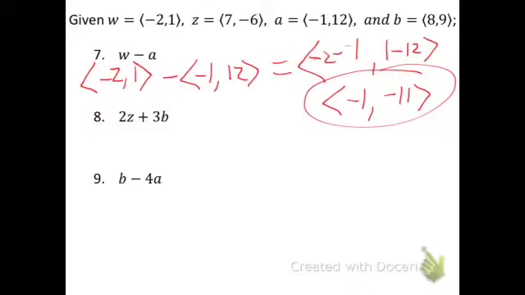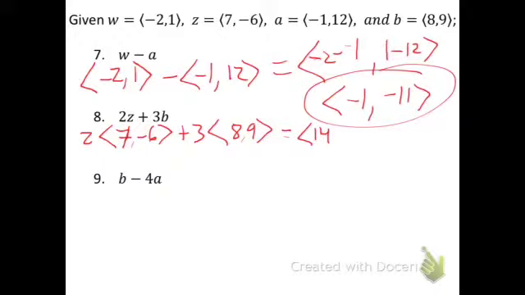On 8, you need to do 2 times z. Z is 7, negative 6. And then you add 3 times b. B is 8, 9. You're looking at 2 times z is 14, negative 12. 3b is 3 times 8, which is 24, and then 27.